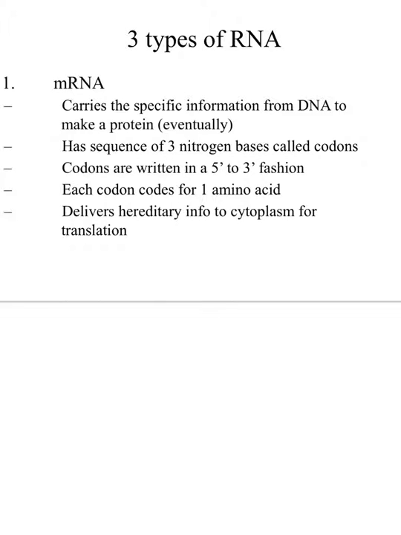But we call those 3 bases codons. Codons are always written from 5' to 3', so remember that rule. Each of these codons code for an amino acid. And if you remember, there were 20 amino acids. And so basically mRNA, its function is to deliver hereditary information to the cytoplasm for translation.